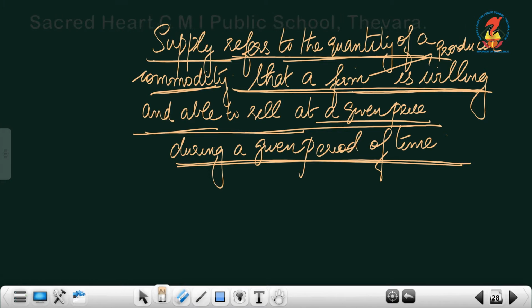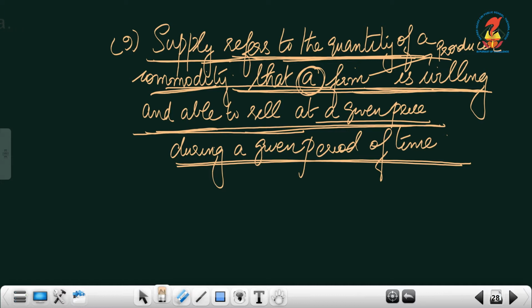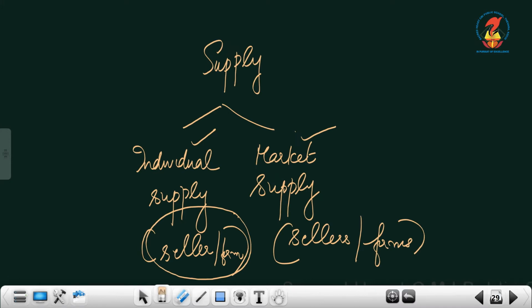Individual supply refers to the quantity of a commodity that a firm or a producer is willing and able to sell at a given price during a given period of time. As it is individual supply, you can specify it as a firm. So, the same supply definition can be repeated for individual supply.